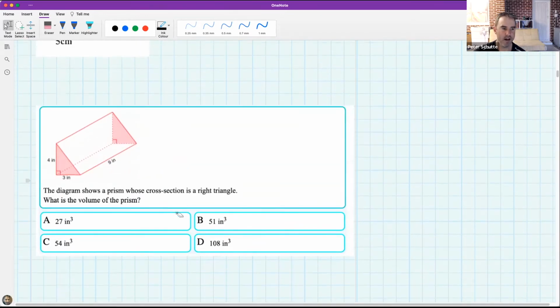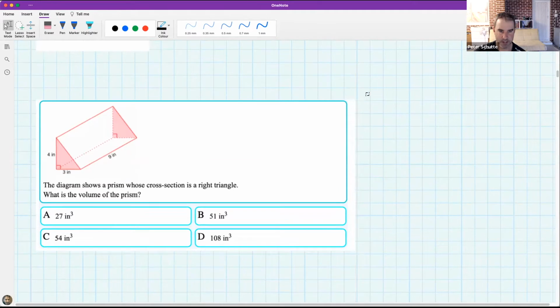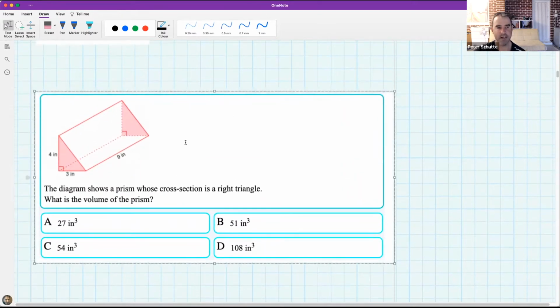Okay, well, let's try a slightly different shape. This is going to be my triangular prism, so it is going to look like that. I want you to find me the volume of this triangular prism, and you can vote in the chat as to what you think the volume is, using the ideas from the beginning of the lesson.